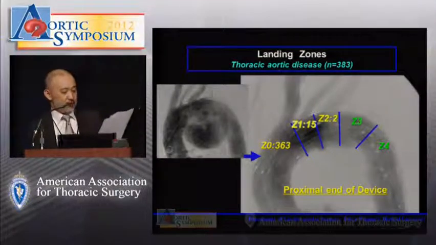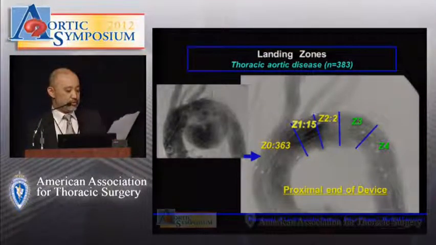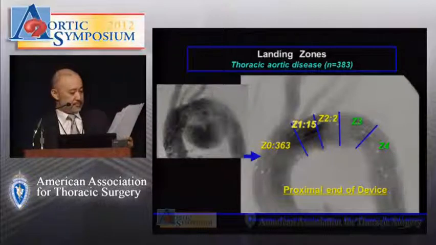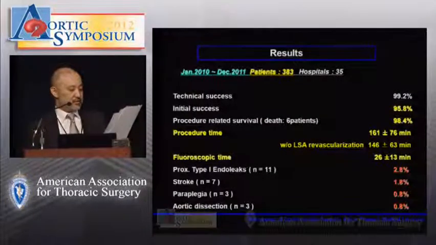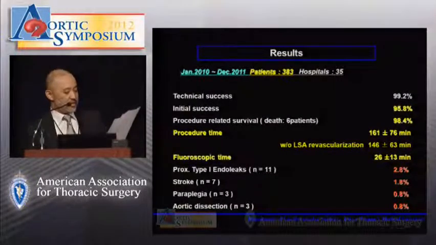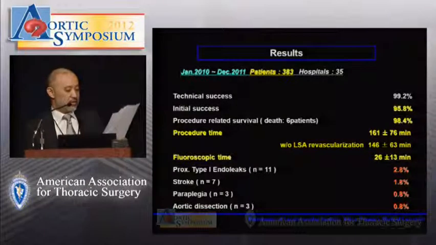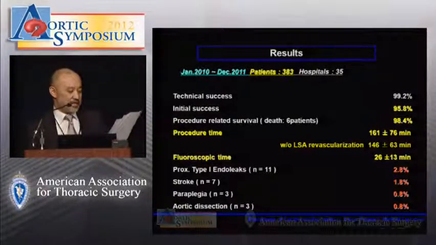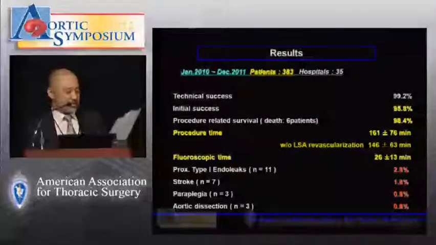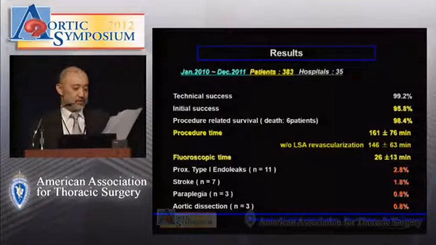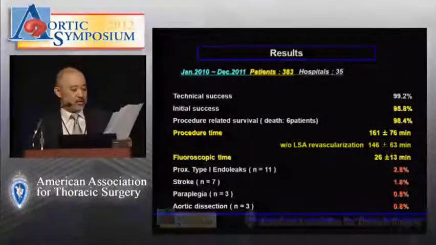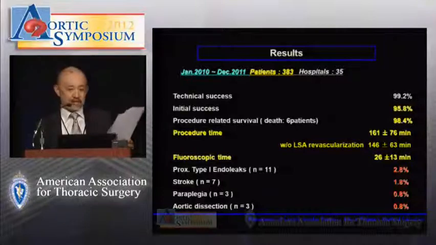In this study, almost all patients had endovascular treatment from zone 0. As a result, while most patients had inadequate proximal landing zone and severely angled complex configurations, low mortality and morbidity and satisfactory clinical success have been achieved at the initial stage of this study, and the short time required for operating and fluoroscopy.